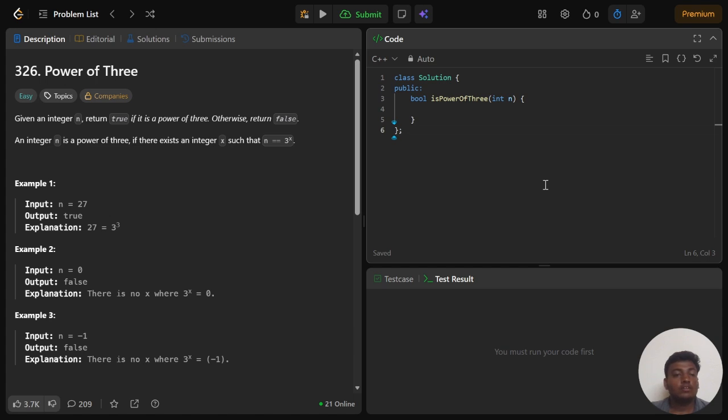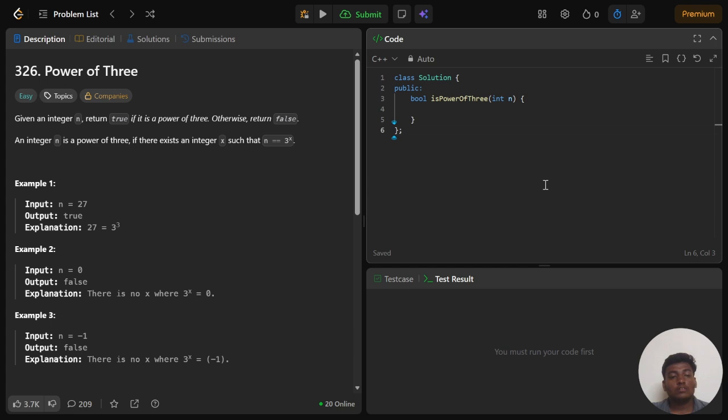So this line is saying that if there is an integer x such that n is equal to 3 raised to the power of x, then we can say that n is a power of 3.